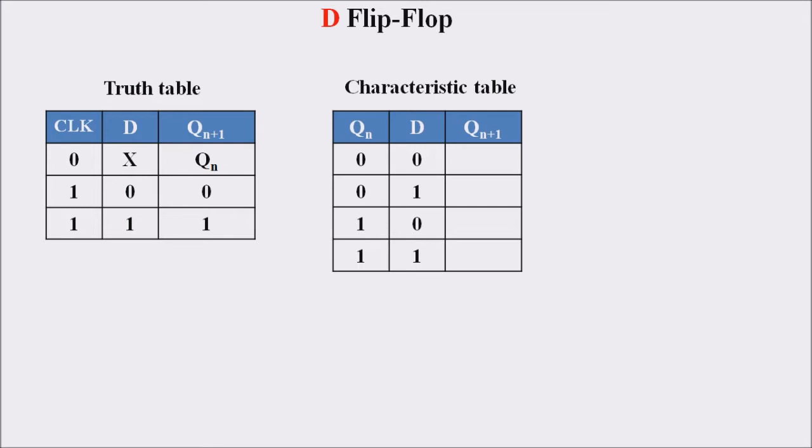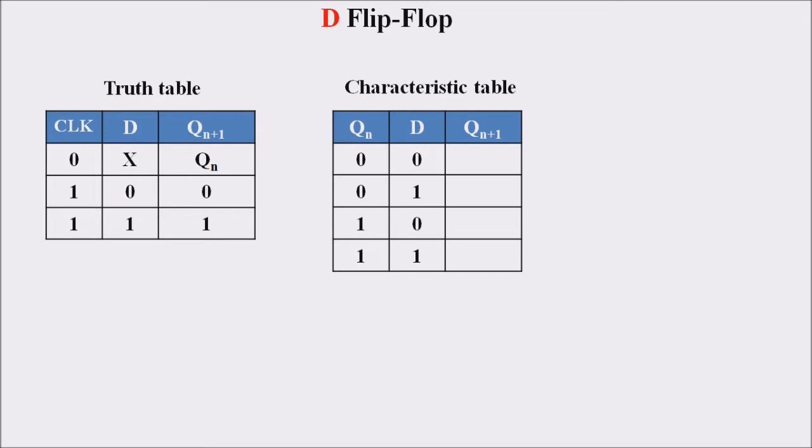The characteristic table deals with generating the Qn plus 1, that is the present state, based upon the previous state as well as the input values. Here the previous state is Qn and the input value is D. The different combinations of Qn and D are 0 0, 0 1, 1 0 and 1 1.